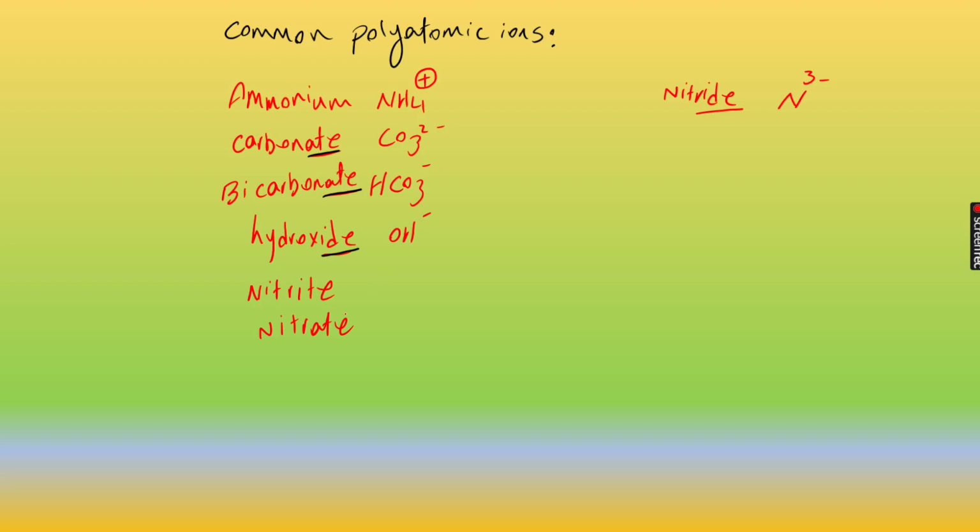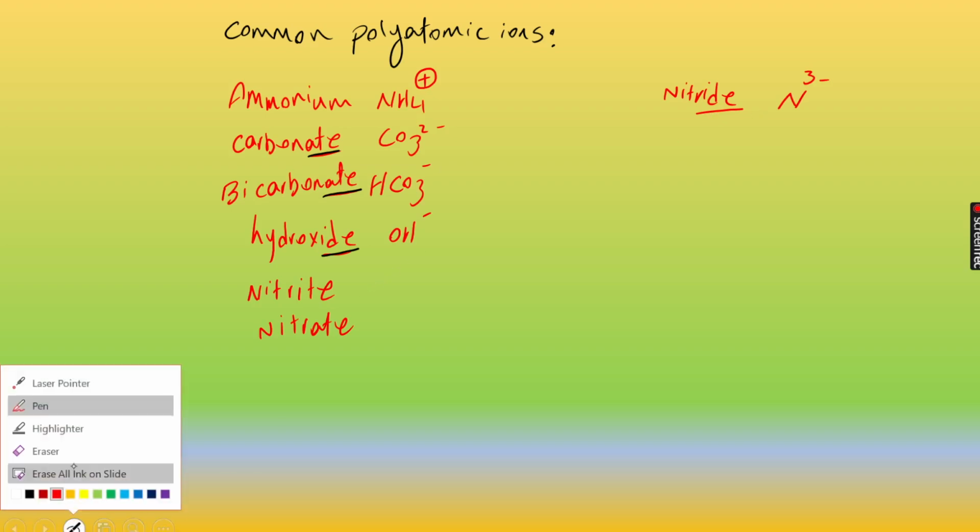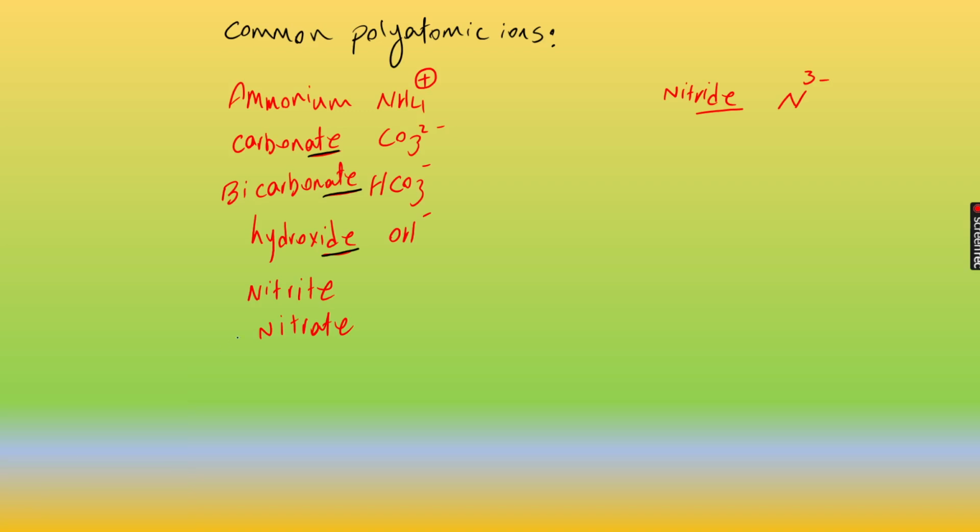Here is a nitrate and a nitrite. Nitrite should be NO2 minus. Nitrate should be NO3 minus. Remember that ATE has one more oxygen than ITE. Nitrate NO3 minus 1, nitrite NO2 minus 1. Okay, let's keep going.